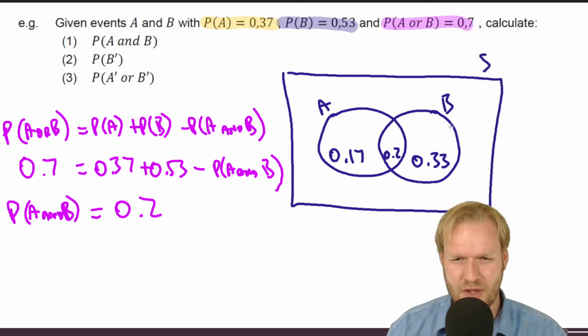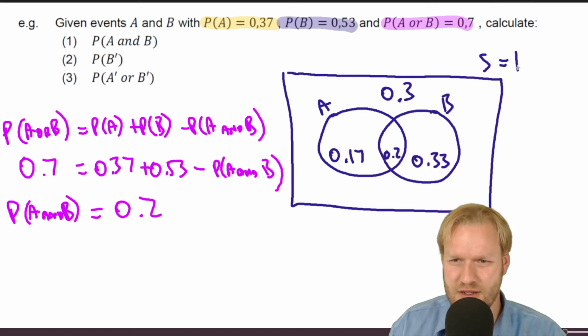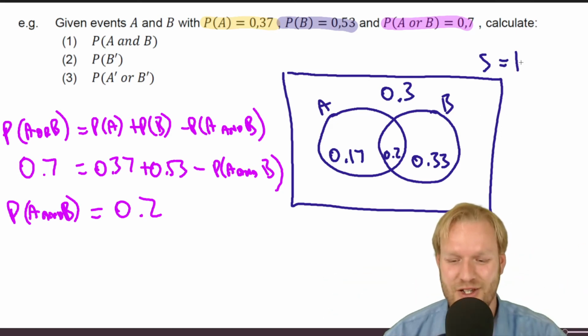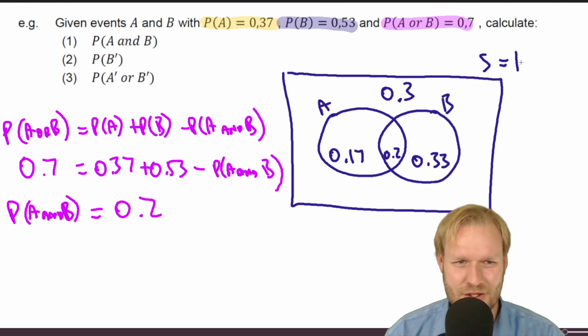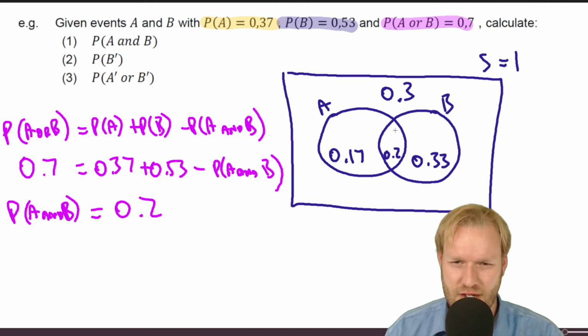Everything's worked nicely. Now, that whole thing is 0,7, which means we know that the bit on the outside is 0,3, because the sample space needs to add up to 1. Something's going to happen: A or B, or not one of those. Okay, so now we can look at the other questions because we've filled in our diagram. We could have done this like we did the first Venn diagram.